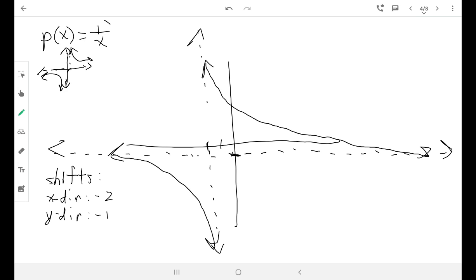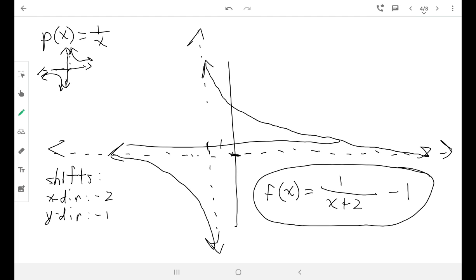And so if this is the parent, the function that I've currently got there, let's say it's f of x, is, let's keep it at 1 over, and grouped with the x, the -2 is the opposite of what you would see, so I would see a +2, and the y direction is not grouped with x, and that happens exactly as I would expect, so that would be my equation. Okay?